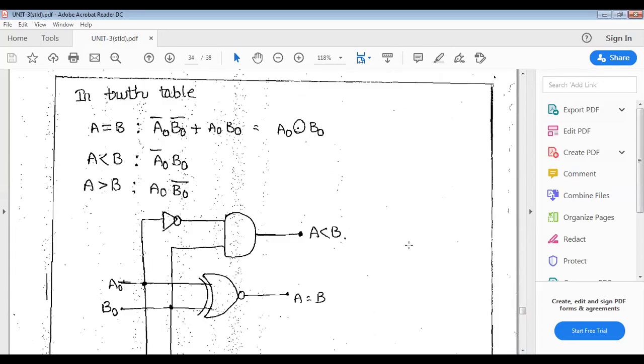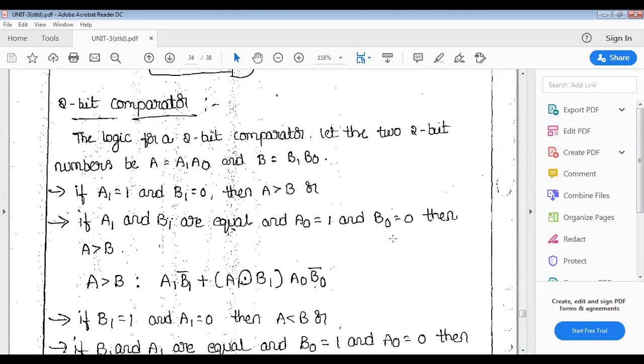Okay. Now you can see the 2-bit comparator. For the 2-bit comparator, A has A0 and A1, B has B0 and B1.